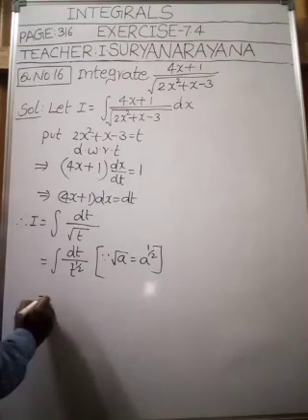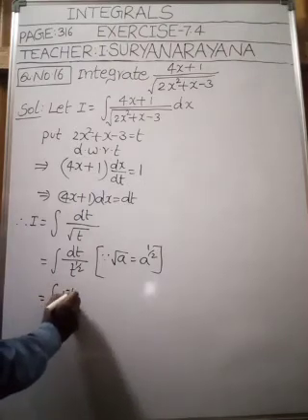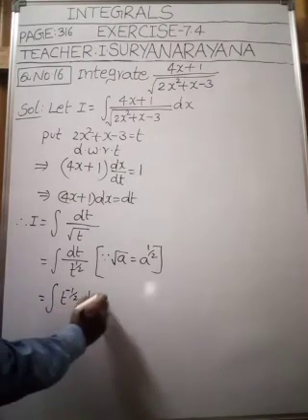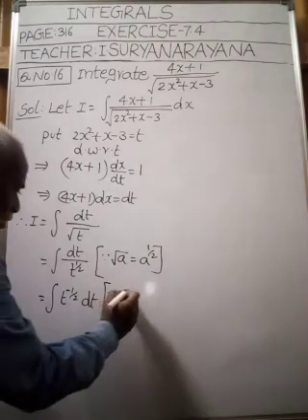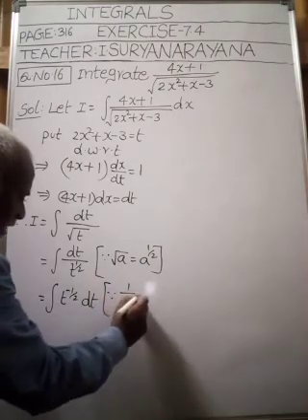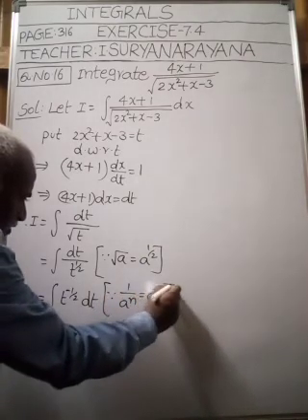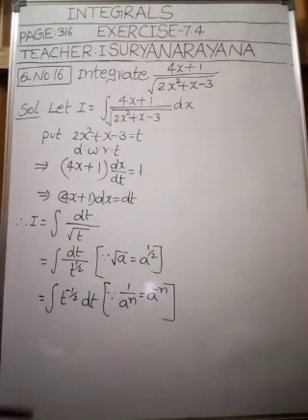This is equal to the integral of t to the power of minus 1 by 2 dt. Here also we are using the laws of exponents: 1 by a power n can be written as a power minus n, where a is equal to t, n is equal to 1 by 2.